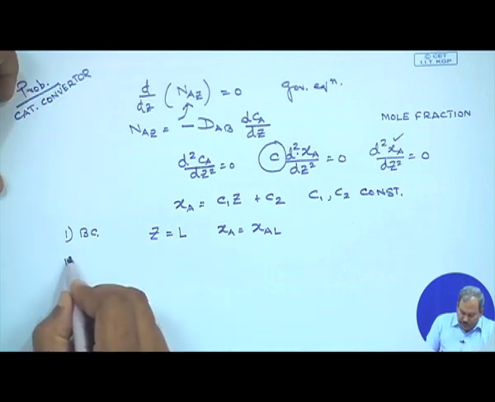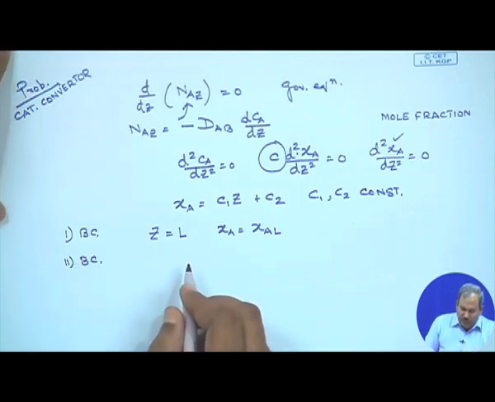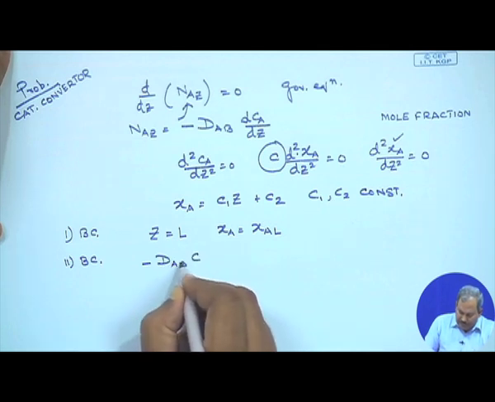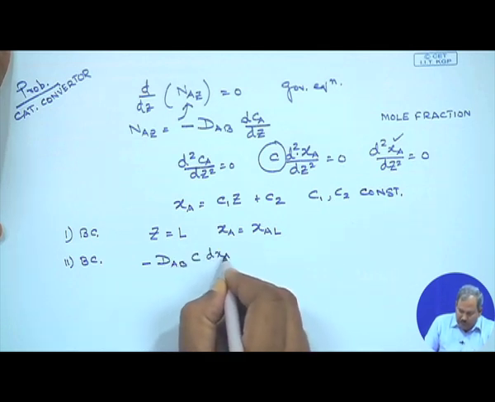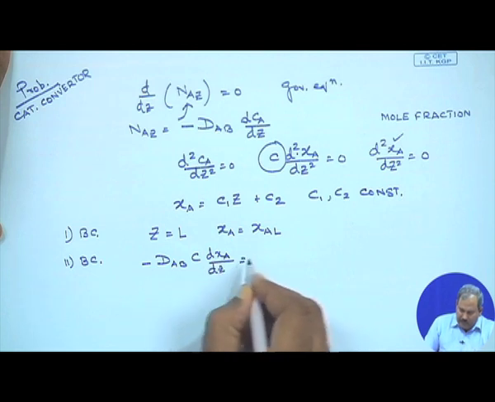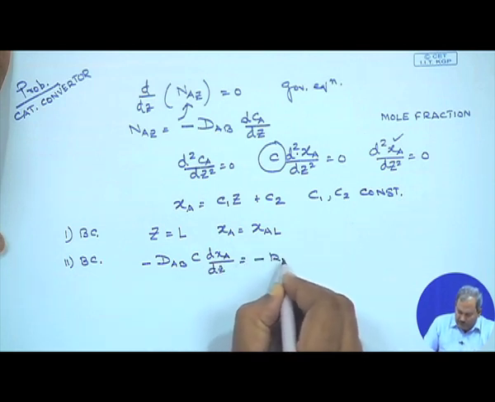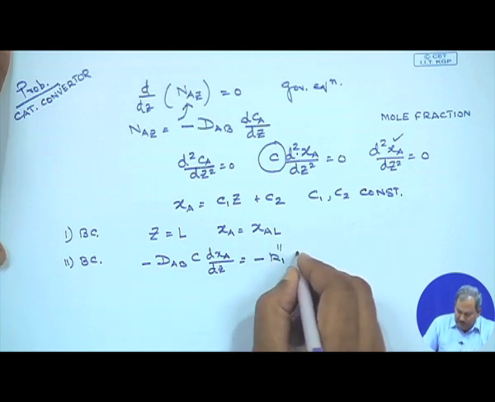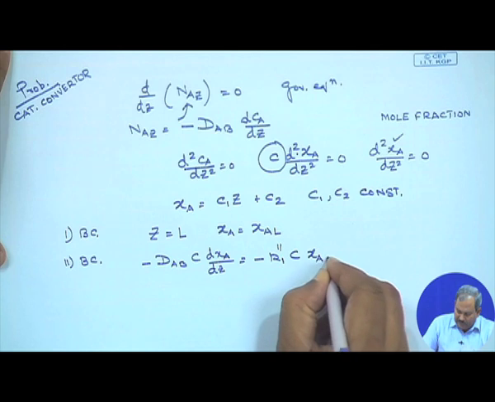So when we use the second boundary condition, what we are going to get is minus D_AB times C, C being the total concentration, dx_A by dz is equal to minus k1 double prime, denoting a surface reaction, times C times x_AS.